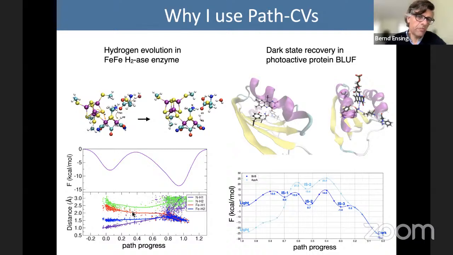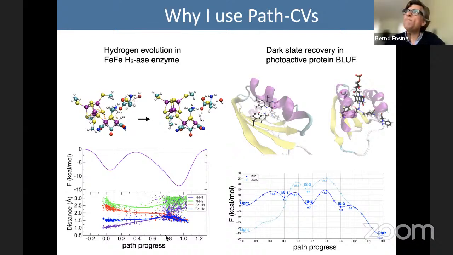And so here you see 4 of them, and as the reaction progresses along some internal reaction coordinate from the reactant state, which will always be 0 in my path progress variable, to 1, which is the product state, these things change, and I try to calculate the free energy profile along this path progress, right?